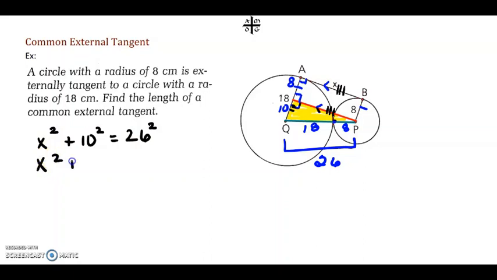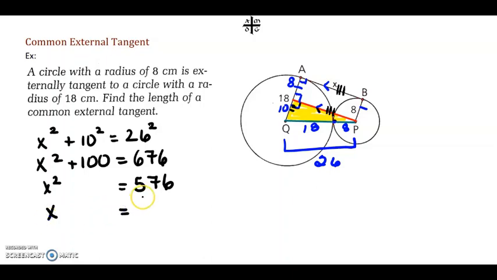So x squared plus 100 equals 676. Subtract 100 from each side. And x would be, if you were just square rooting and solving, positive or negative. But since I'm talking about a length, it's just going to be the positive, 24, in this case, centimeters.